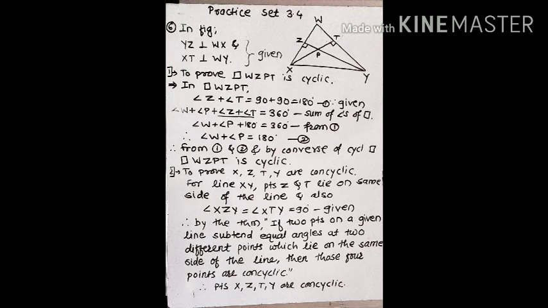Then by the theorem, if two points on a given line subtend equal angles at two different points which lie on the same side of the line, then those 4 points are concyclic. Here the line is XY. The 2 points Z and T are on the same side of the line XY and also form equal angles, angle Z and angle T. That's why points X, Z, T, Y are concyclic, and this is our second proof.